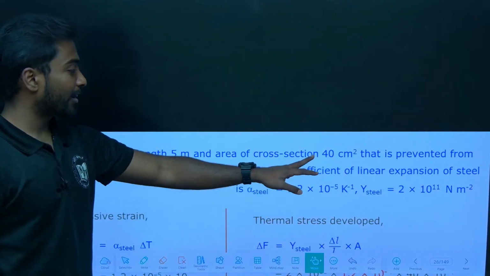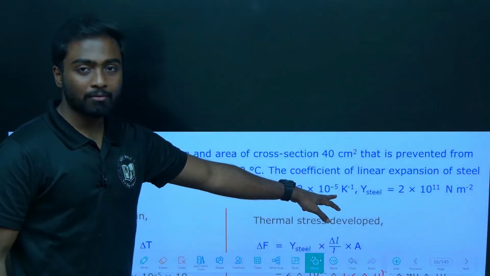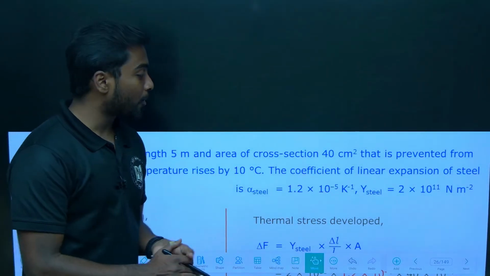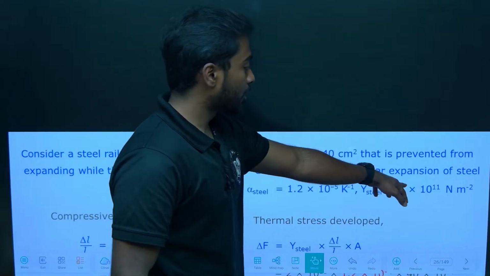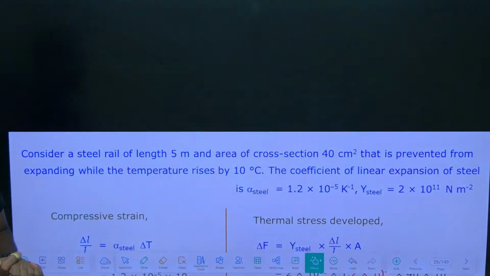The coefficient of linear expansion of steel is given as 1.2 into 10 power minus 5 Kelvin inverse, and Young's modulus of steel is given as 2 into 10 power 11 Newton per meter square. Okay, so what are they asking?